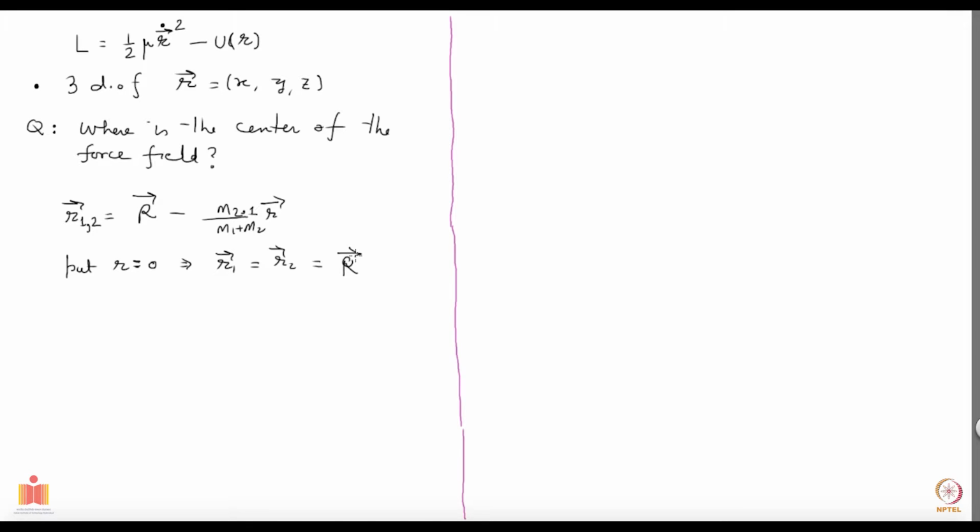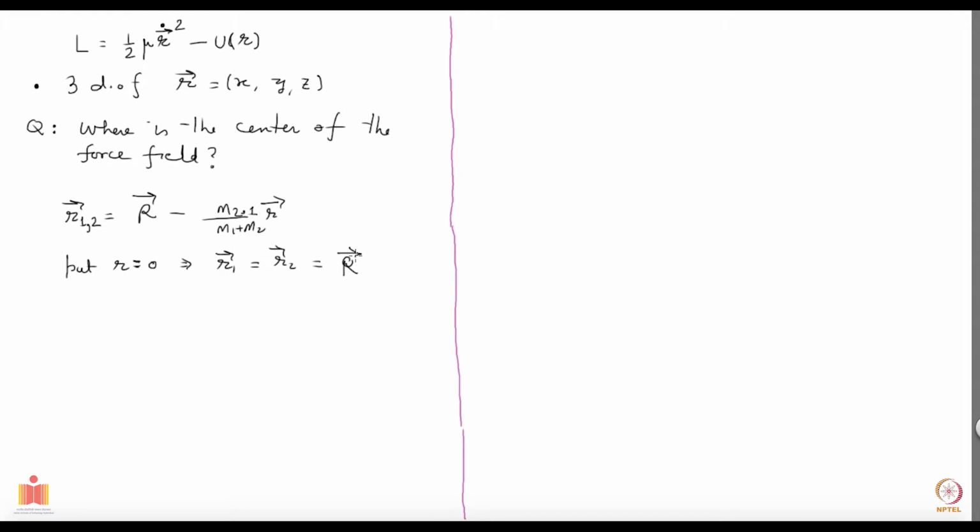So the first point to note before we can make some progress is that we have a central field, meaning only the radial separation matters.